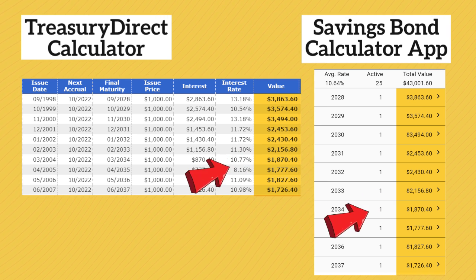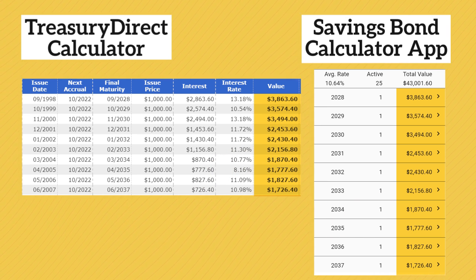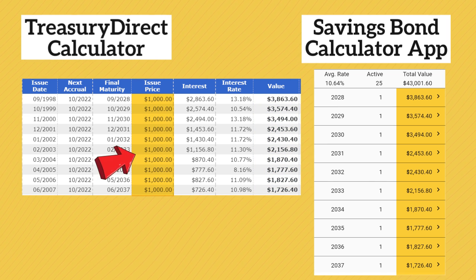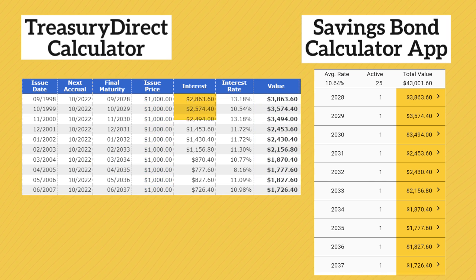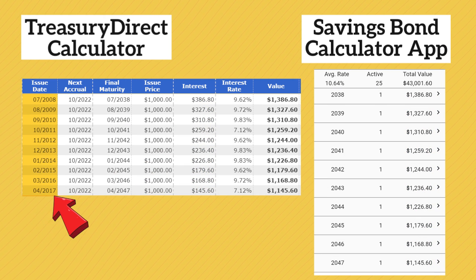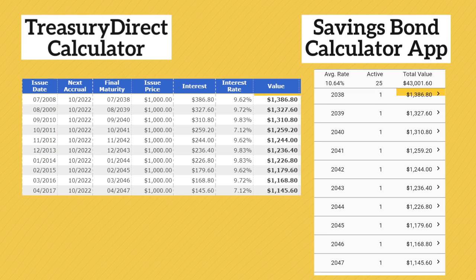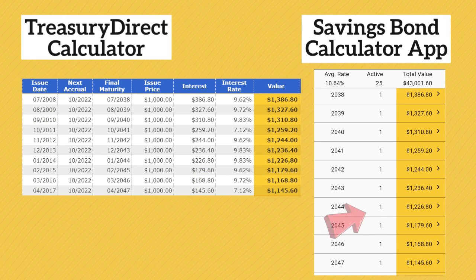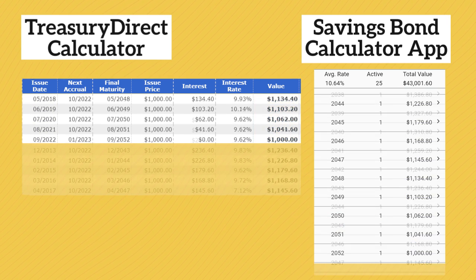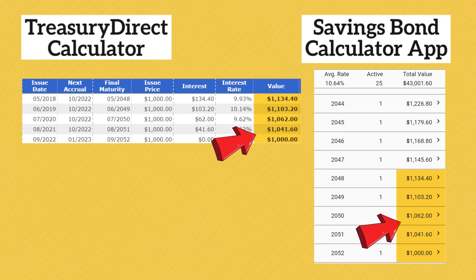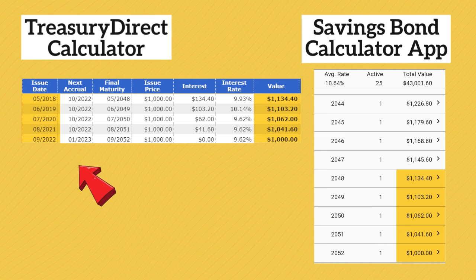Remember, this total value is the principal investment amount, or the face value of $1,000 of I-bonds, plus the total interest earned over time. And the same goes for I-bonds issued between 2008 and 2017. The total values from TreasuryDirect also match those from the app. And similarly, so do the results for I-bonds between 2018 and 2022.